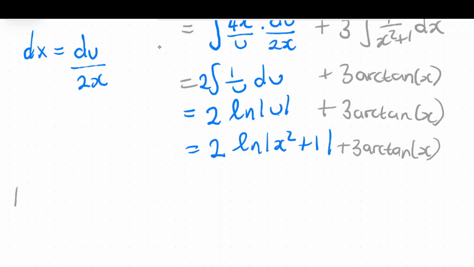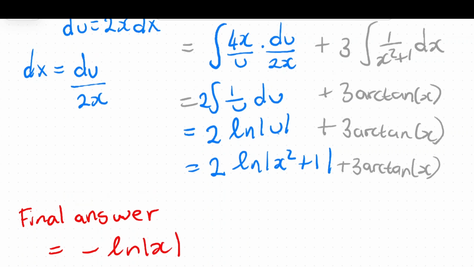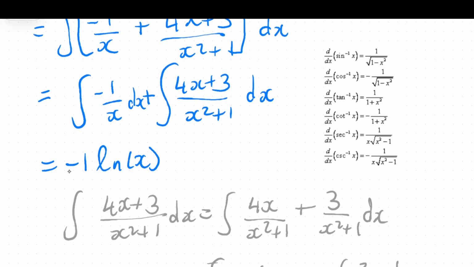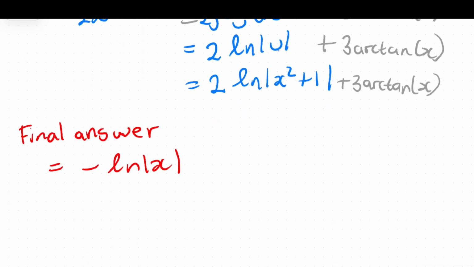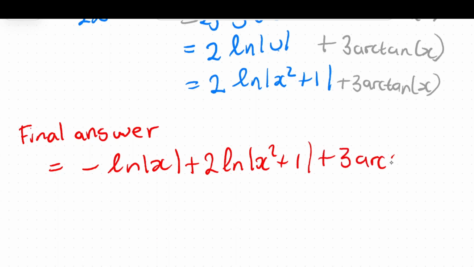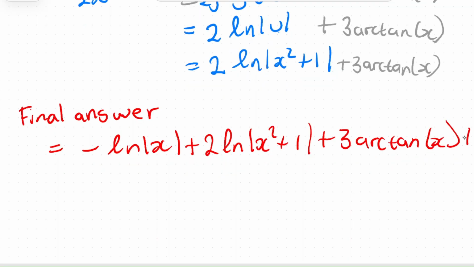oh, let me write this in red. The final answer is going to be negative ln of x, from what we saw over here, plus 2 ln of x squared plus 1 plus 3 arctan of x plus c.